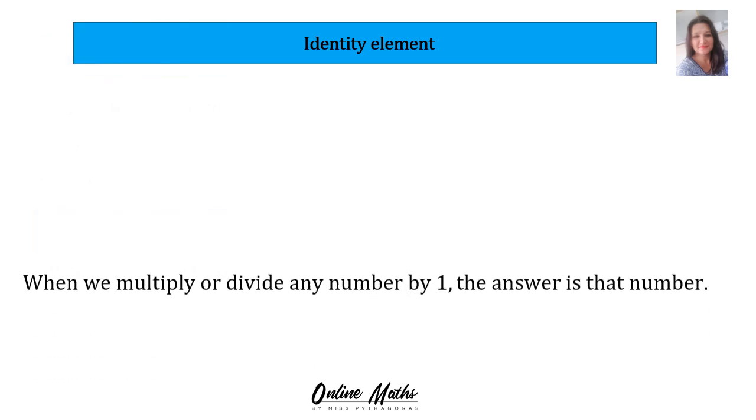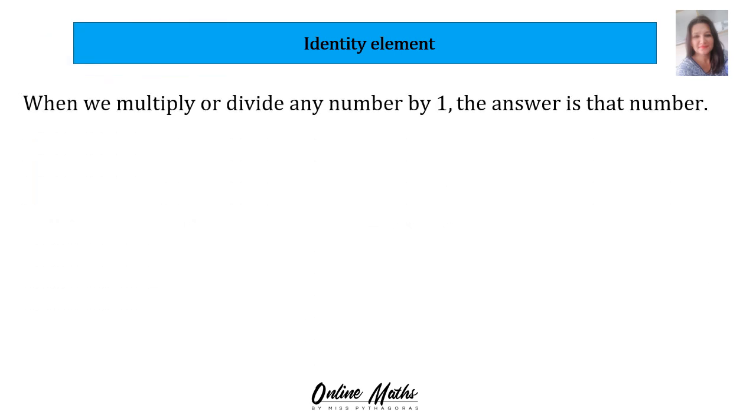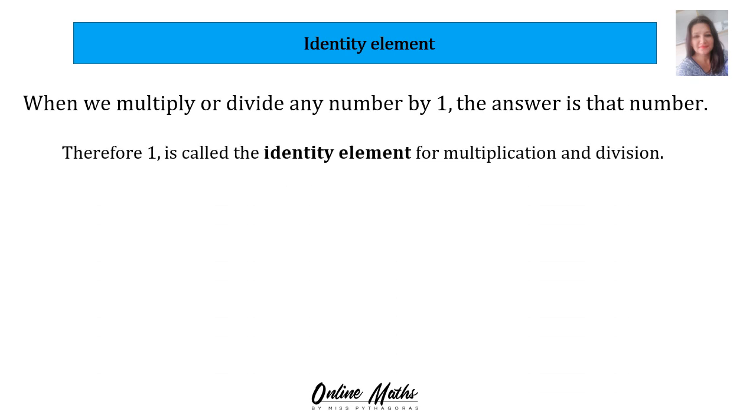Identity element. When we multiply or divide any number by 1, the answer is that number. Therefore, the number 1 is called the identity element for multiplication and division. For example, when I give you 135 times 1, the answer is 135.